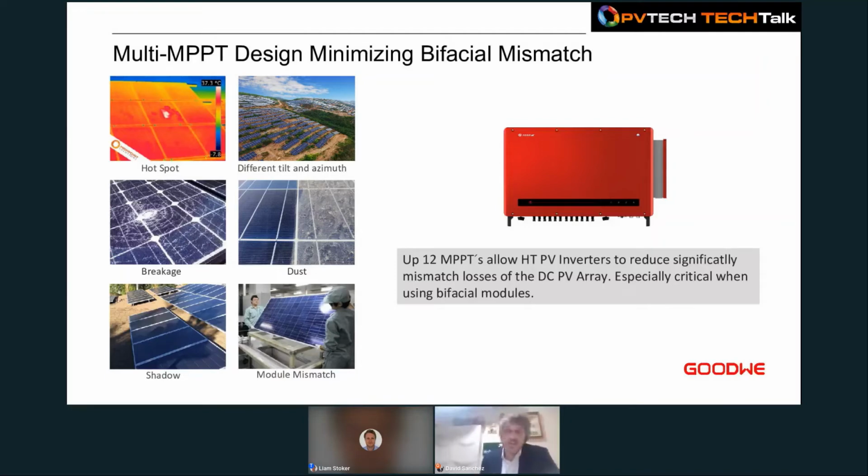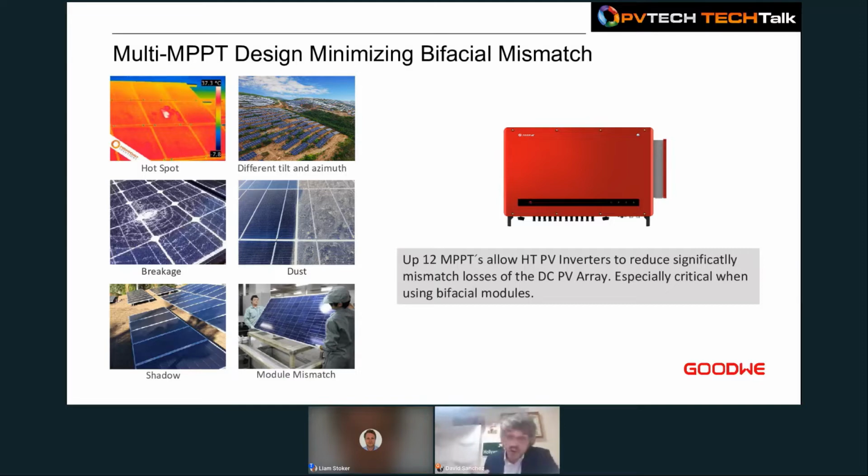Multi-MPPT topology, as I said, is critical. This is a fundamental thing, and it makes a big difference against central inverters. Mismatch losses have always been an issue on site, but since bifacial modules are becoming mainstream, mismatch losses are even more important than before, right?